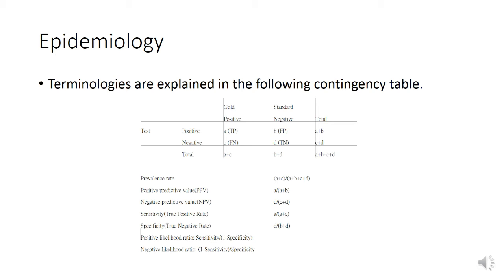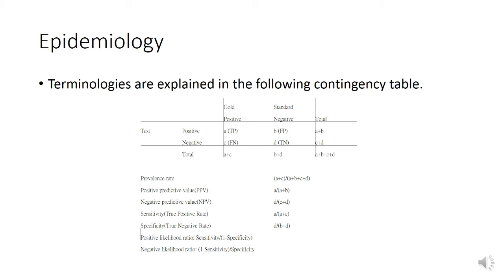Sensitivity or true positive rate is A over (A plus C). Specificity or true negative rate is D over (B plus D).